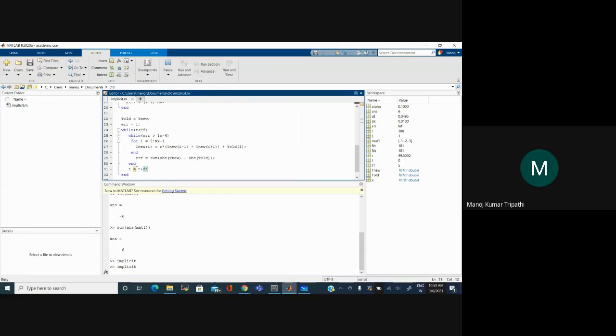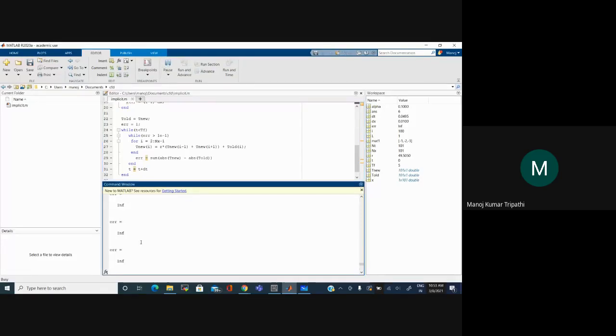It seems like it has not even gone to the second time step. It is still in this loop. So let us increase this tolerance 10 to the power minus 1 and see again. Let us also write the error. Oh, error is infinity.